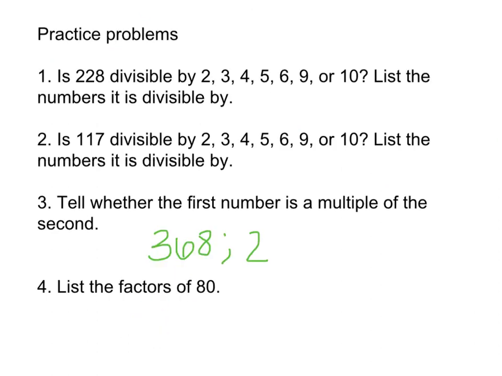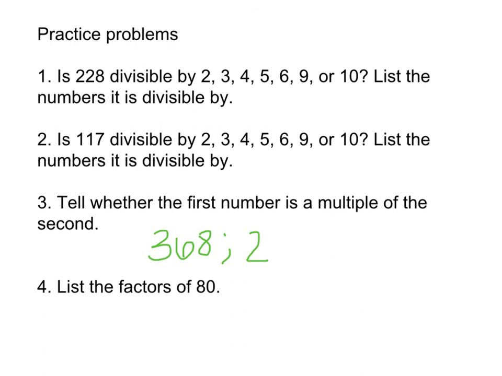All right, here are your practice problems. 1 and 2, they want to know if they are divisible. So I would go ahead and write down the numbers for number 1, 228, and for number 2, 117, and go back and look at that divisibility chart because you're going to need to use that.